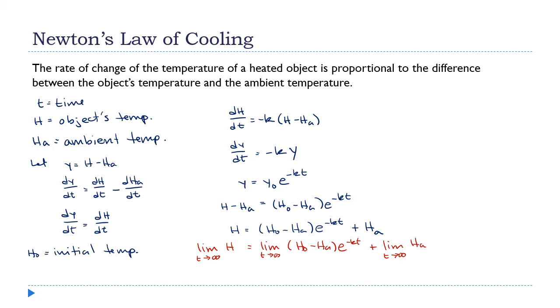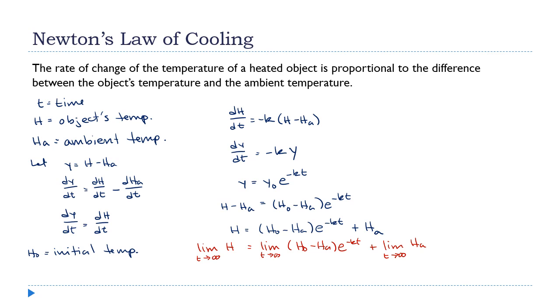So in other words, what I'm asking is, after a really long period of time, what's the temperature of this thing? I want you to think about that. I know I've kind of started the process, but think about it for a second and see in your head what you think it should be.